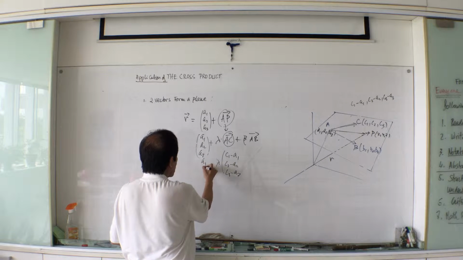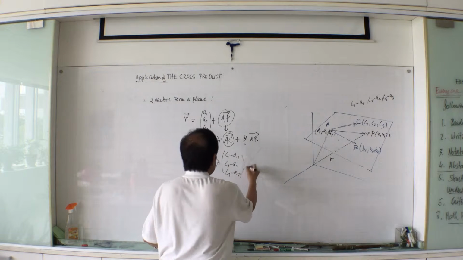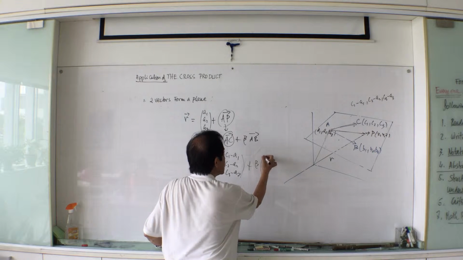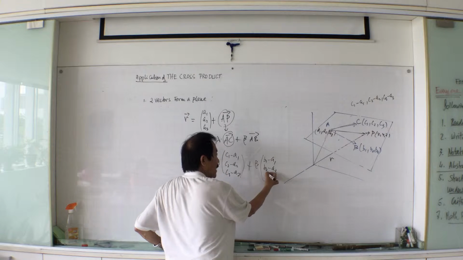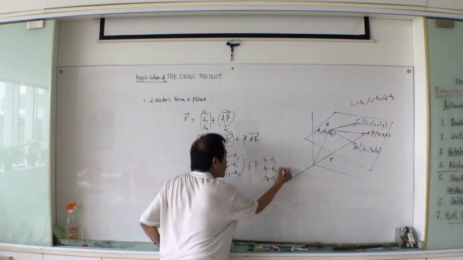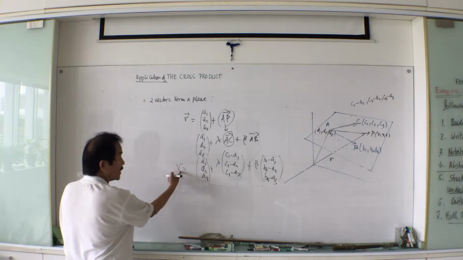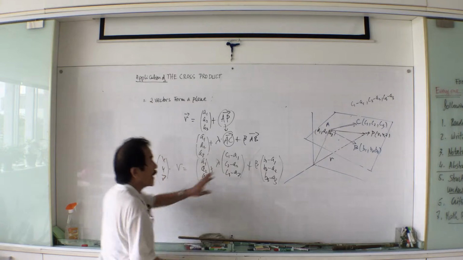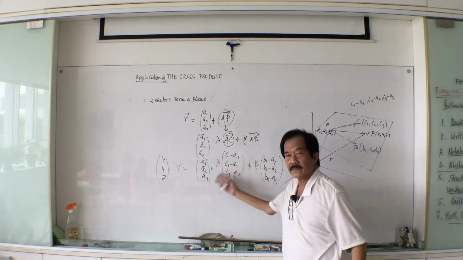And you add A1, A2, A3, and then you add beta times AB, which equals B1 minus A1, B2 minus A2, and B3 minus A3. So that is R. Then R equals X, Y, Z, where any point on here will be governed by this vector.